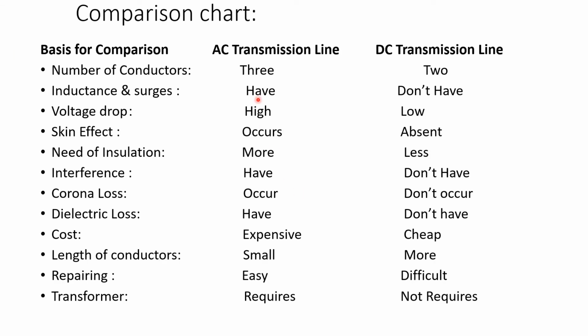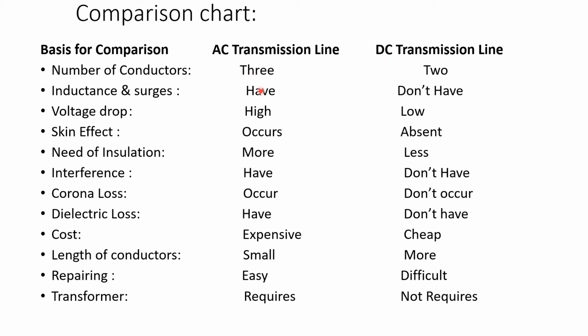Based on the discussions about the advantages and disadvantages of both transmission systems, we can make a comparison chart between these two transmission lines. Okay. Here you can see the basic comparisons. The first one is based on the number of conductors in AC and DC.